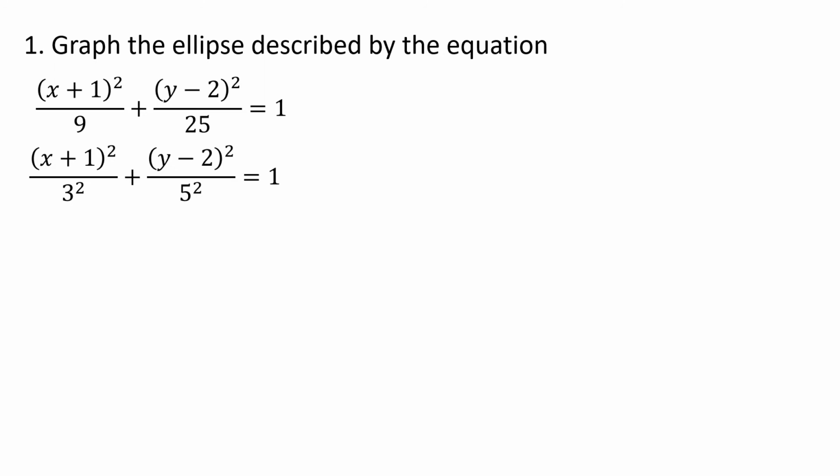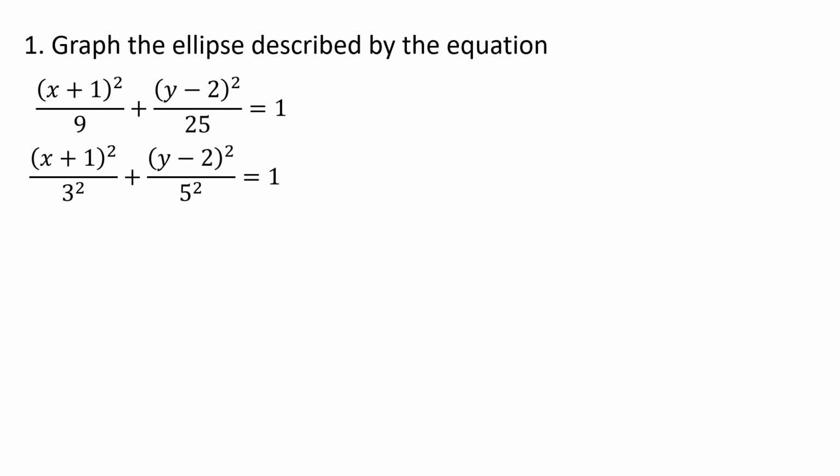Okay, so we have here an example. Graph the ellipse described by the equation quantity x plus 1 squared all over 9 plus quantity of y minus 2 squared all over 25 equals 1. So we change this in the form of x plus 1 squared all over 3 squared plus the quantity of y minus 2 squared all over 5 squared equals 1.